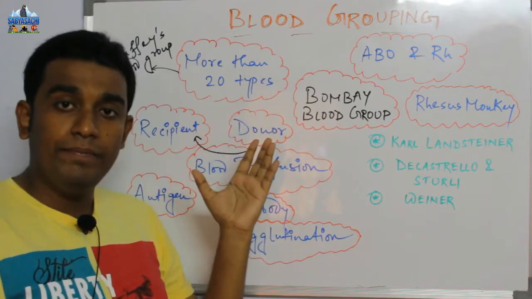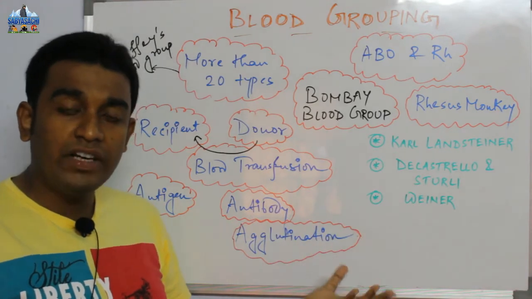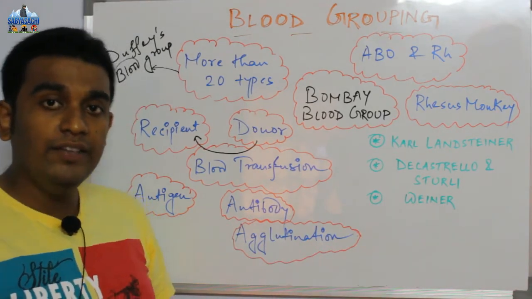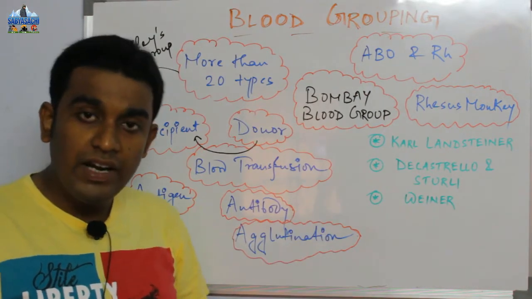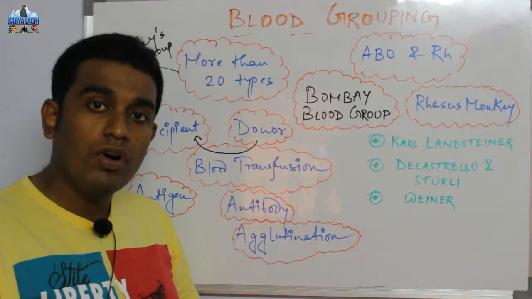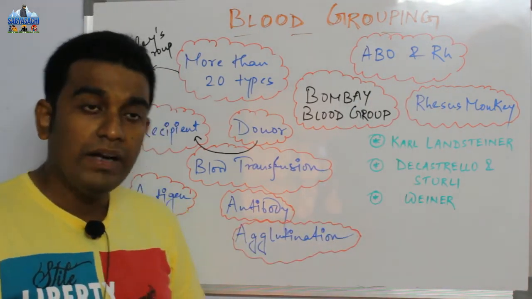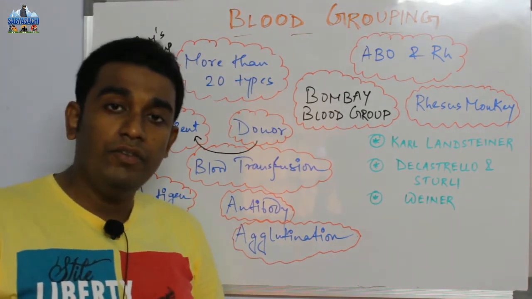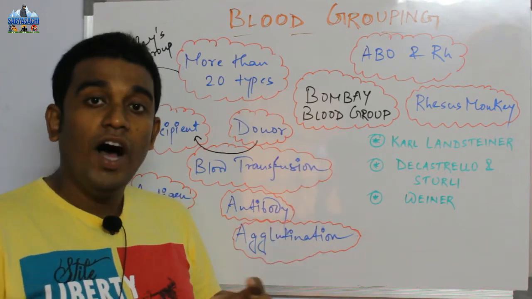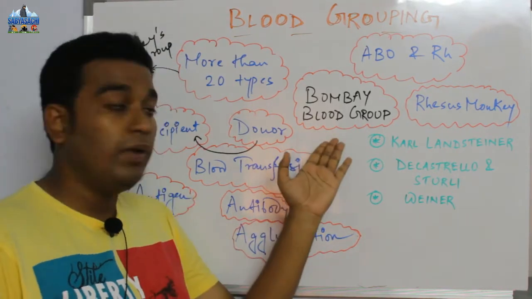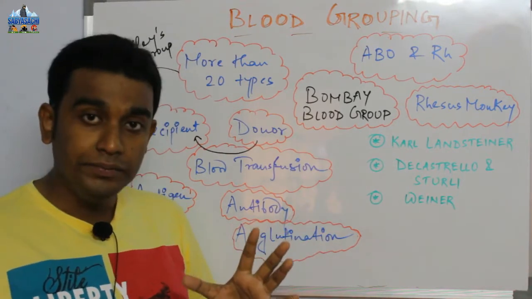Out of all of them, the most clinically significant ones till today are the ABO blood group as well as the RH blood group. So in this video lecture my focus will be more on ABO and RH. But let me assure you, I will also make a separate video on the Bombay blood group. That is something very interesting, and I'll tell you how people get confused between the Bombay blood group and the O blood group. We'll see that, but not here.